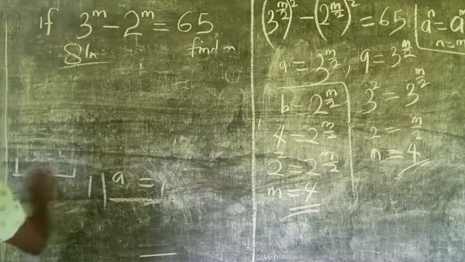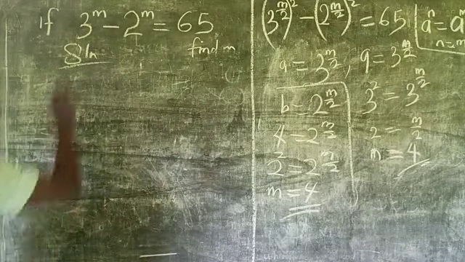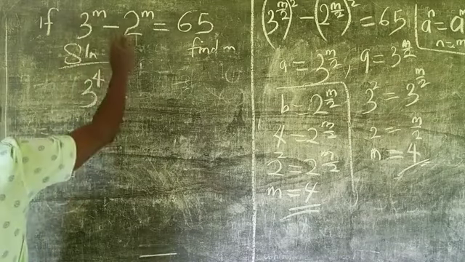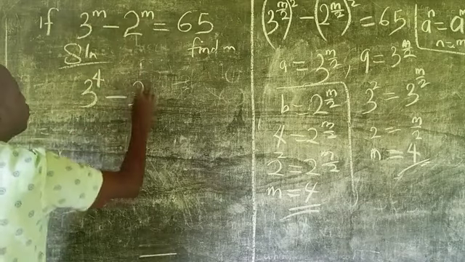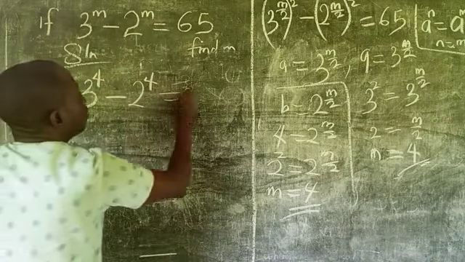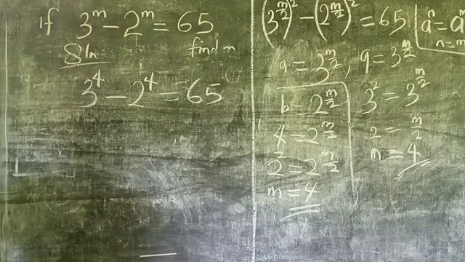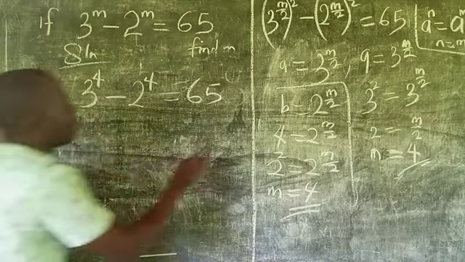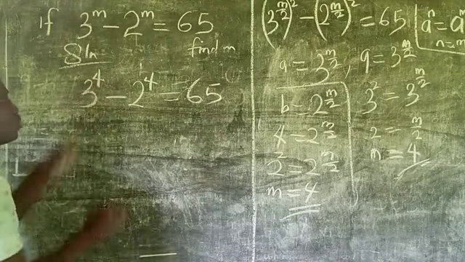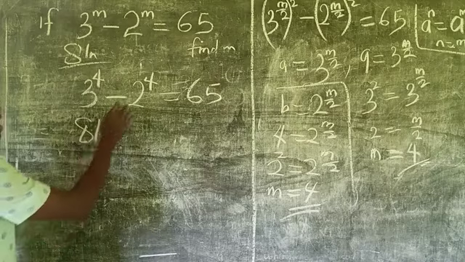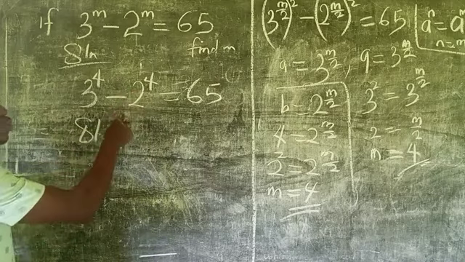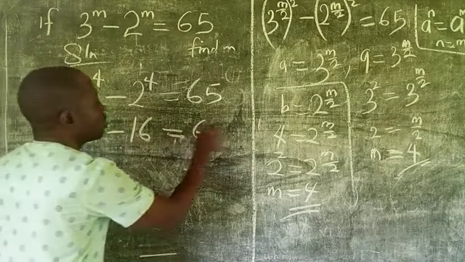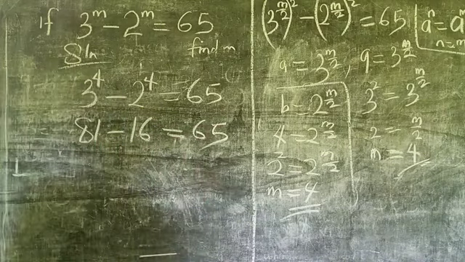So what do I mean? 3 raised to power n will be 3 raised to power 4 minus 2 raised to power 4 equal to 65. 3 raised to power 4 is 3 times 3 in 4 places, which gives us 81. And 2 raised to power 4 is 2 times 2 in 4 places, which will give us 16, equal to 65.